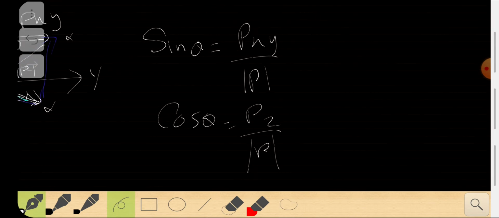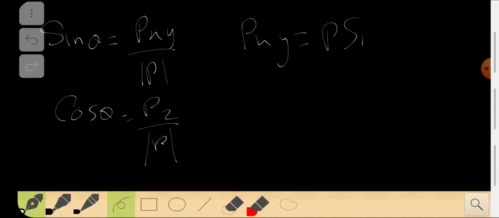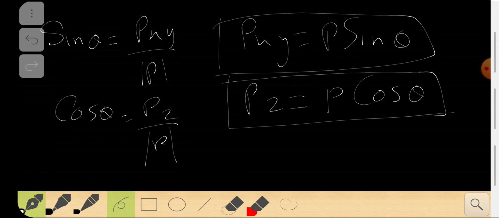Now you can easily say that pxy is equal to magnitude of p times sine theta, and pz is magnitude of p times cos theta. So we have found out pz, and we have found out what pxy will be, and now we need to find out px and py.